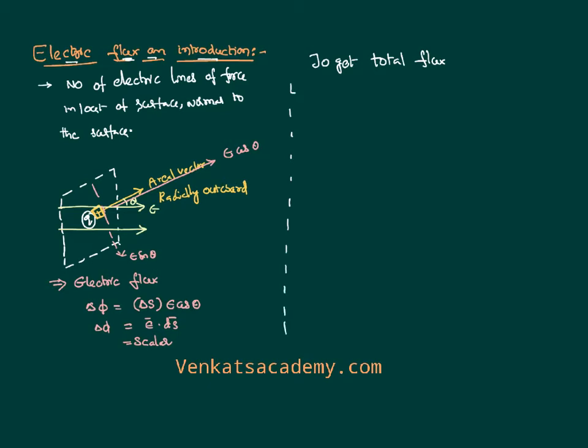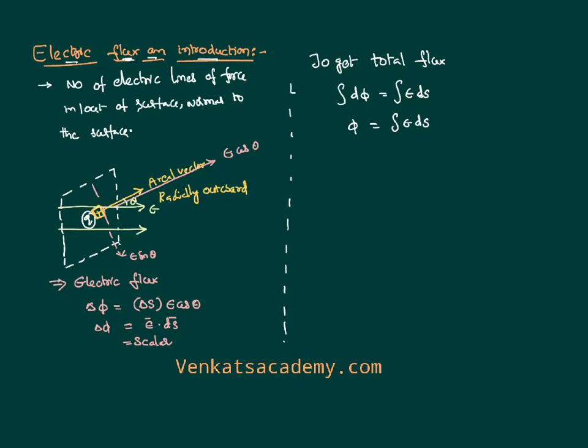Now I am interested in getting the total flux. Integral of d phi is integral of E dot ds. Integral of the differential of the flux is equal to the flux. That is equal to the integral of E dot ds. This is how we can calculate the flux over a curved surface or a given surface, and find the electric flux of a given surface.